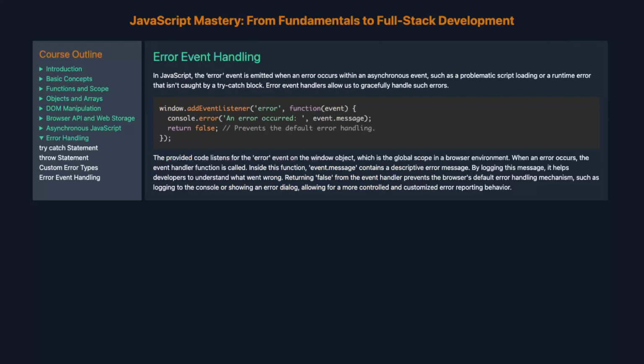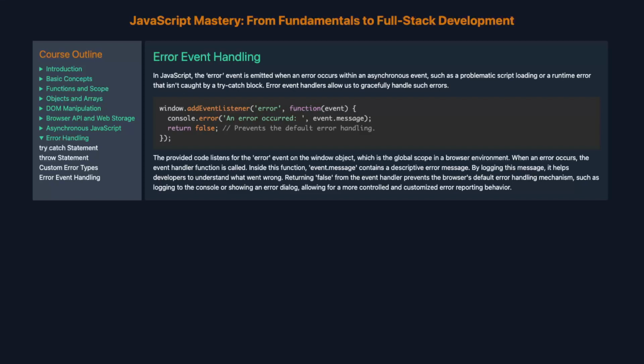Error event handling. In JavaScript, the error event is emitted when an error occurs within an asynchronous event, such as a problematic script loading or a runtime error that isn't caught by a try-catch block. Error event handlers allow us to gracefully handle such errors. The provided code listens for the error event on the window object, which is the global scope in a browser environment. When an error occurs, the event handler function is called.